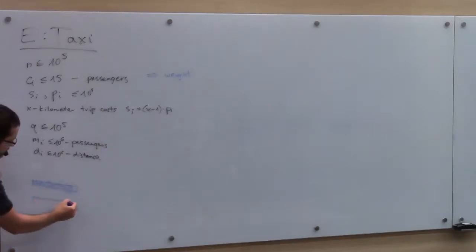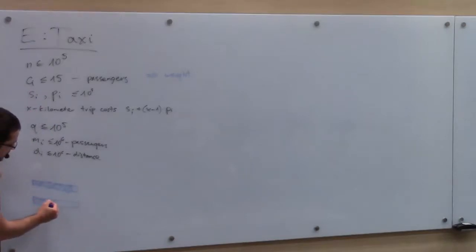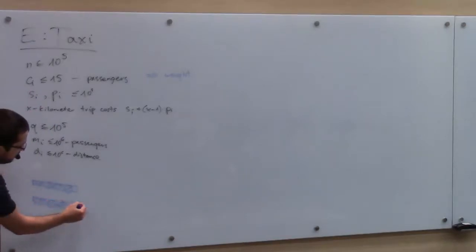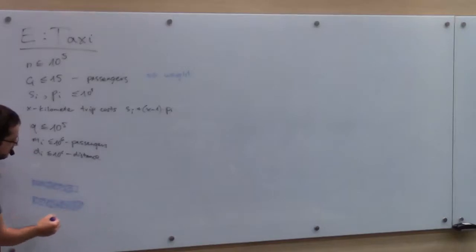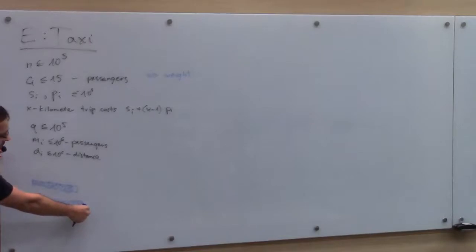Here we have a different problem. We would like to cover the bag with the cars. So we have to put items in such a way that the whole bag is covered. Basically we can use a little more space, but we would like this cost to be as small as possible.